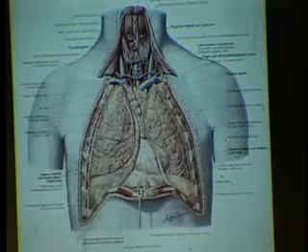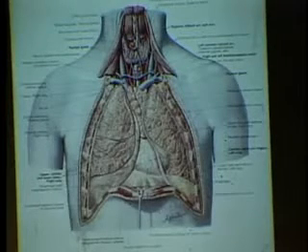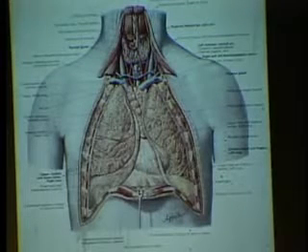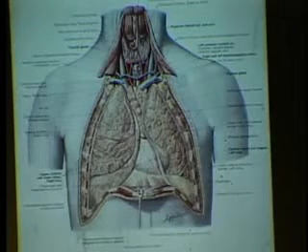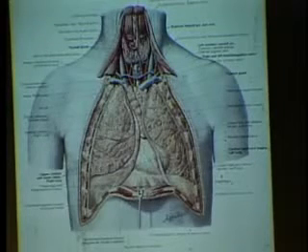On the posterior surface of the thyroid, we have the parathyroids, four of them, essential to life to regulate your calcium. Don't underestimate the role of calcium in the body.